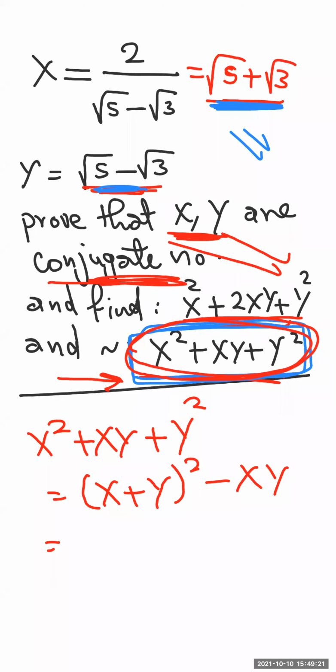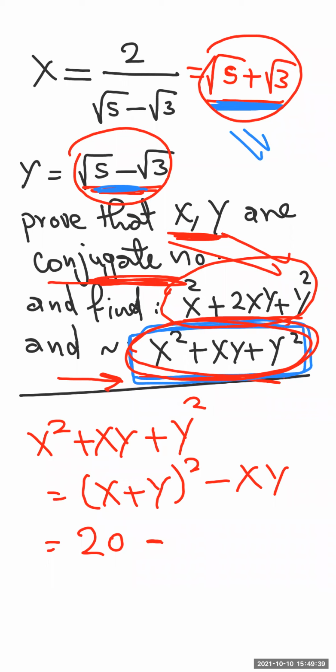So (x + y)², which is the value we got a moment ago, was 20. Then minus xy. xy means this one times this one: (√5 + √3)(√5 − √3).